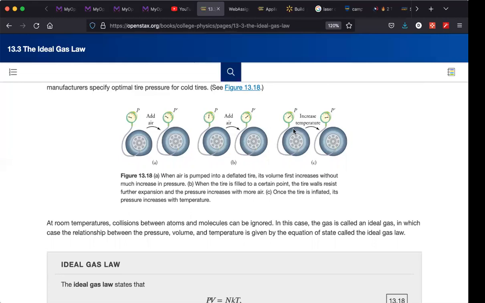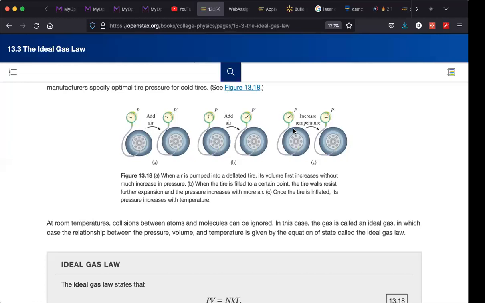So if you're driving down the road and you're heating up your tires, the air pressure in your tires actually increases. Well, why? Because temperature means that the particles in the air in your tire are moving more quickly. So they're hitting the tire more often. So there's more force on the tire. So that's more pressure. So you can either add air or add temperature, add heat, and both of those things increase the pressure.